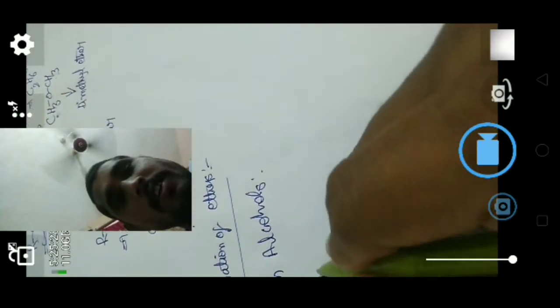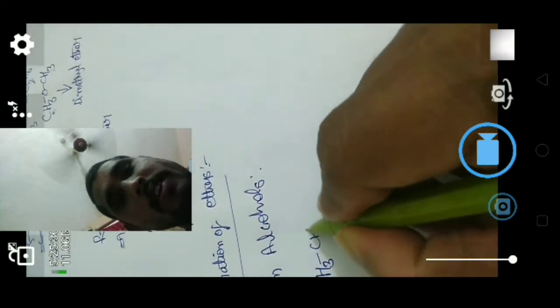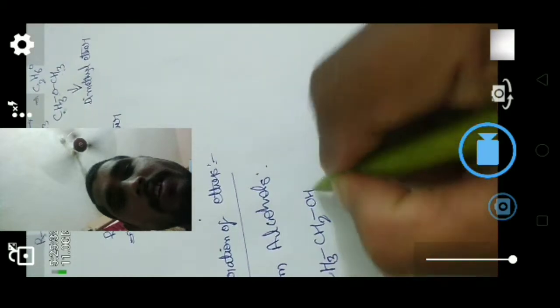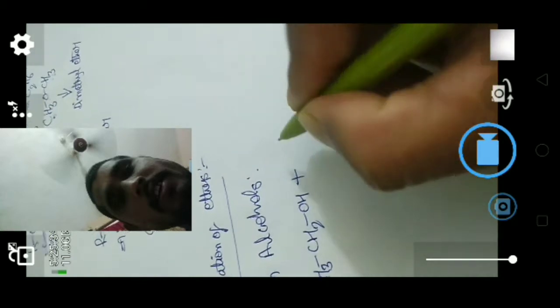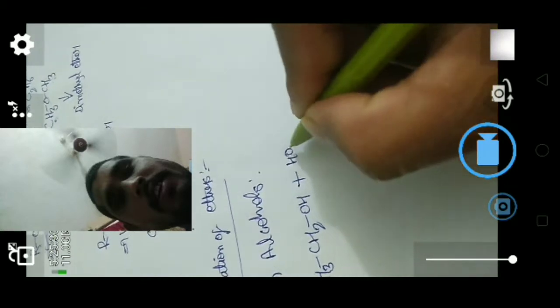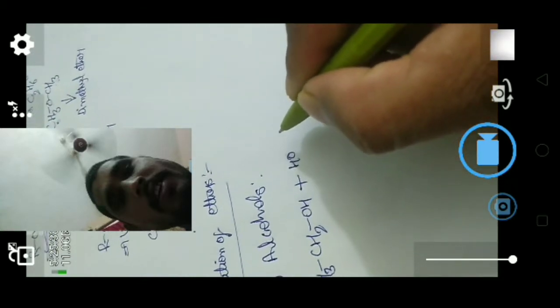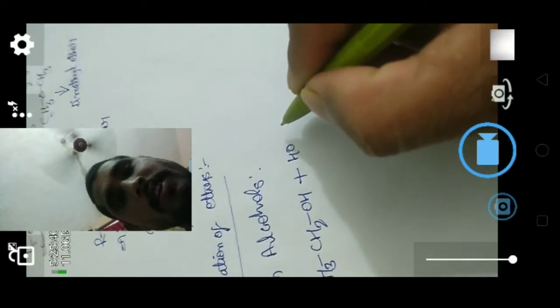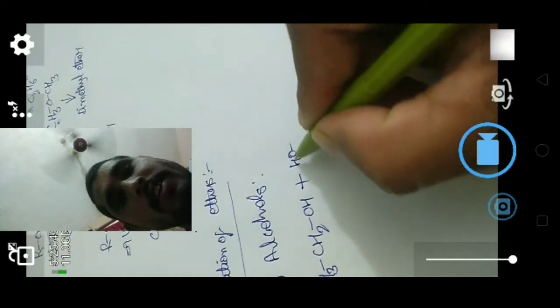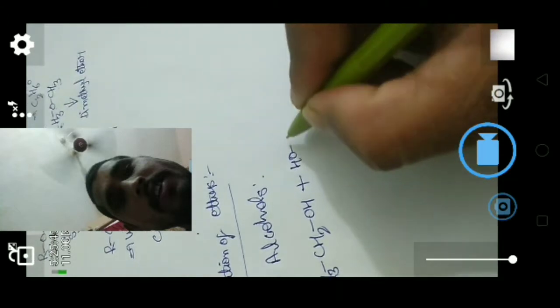CH3CH2OH, ethanol. Another molecule is also ethanol. When two molecules of ethanol react with sulfuric acid in the presence of heat, at 140 degrees centigrade, it gives ether.